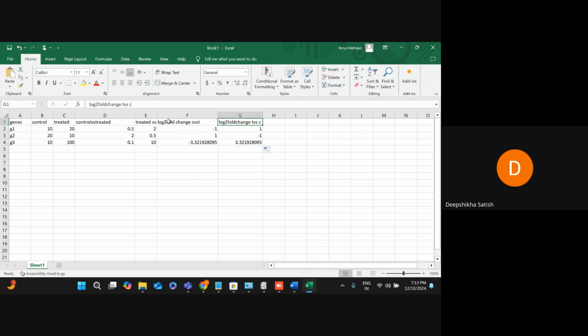Now, for this log 2 fold change value, there are some standard cutoffs. If your log 2 fold change value is greater than or equal to 1, those are my upregulated genes.